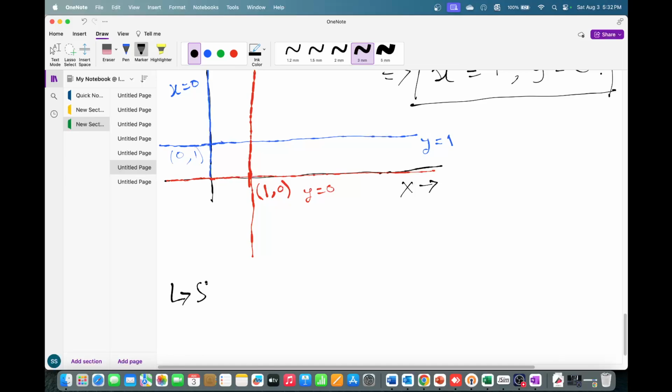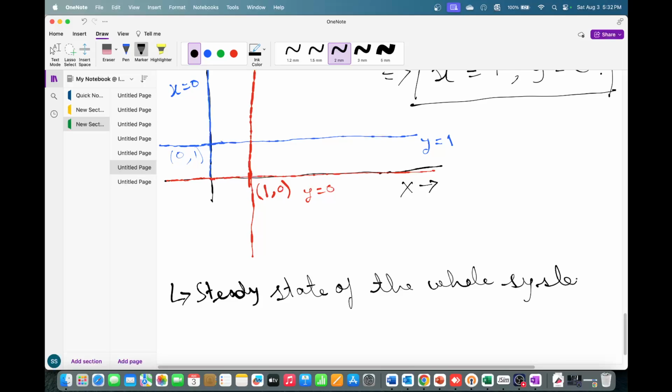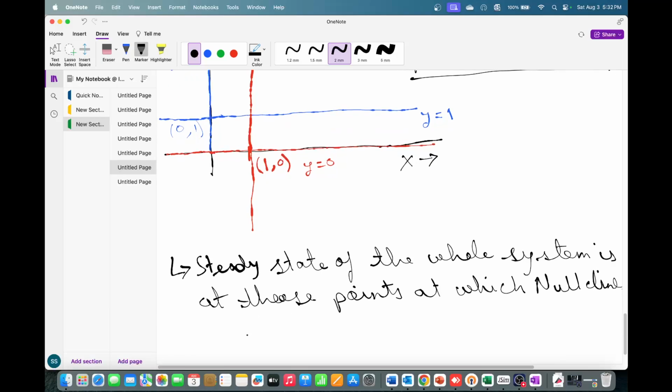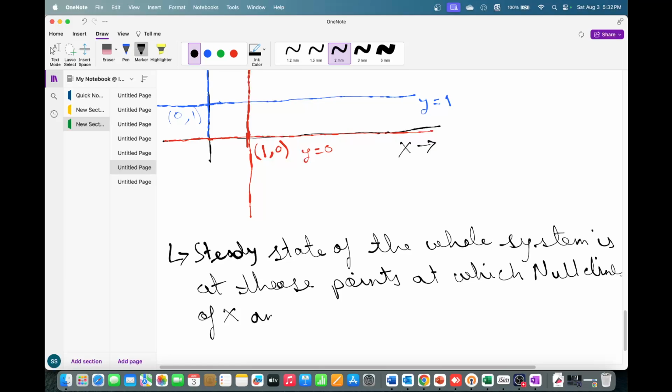Steady state of this whole system is at those points at which the null lines of x and y meet, right?